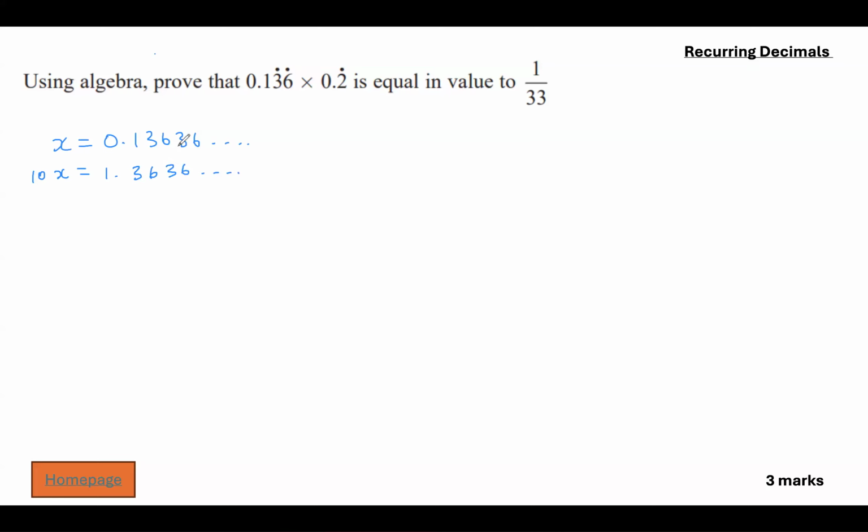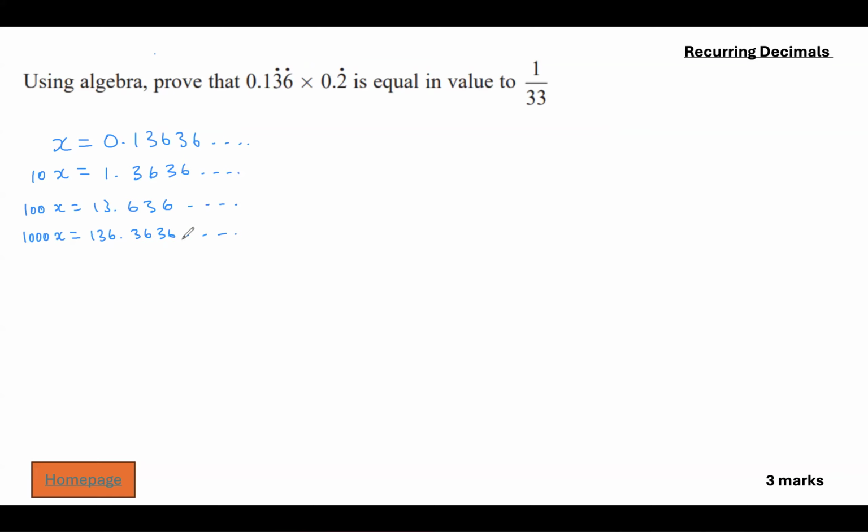Now, ideally, what we want to do is to have the same number of digits after the decimal point, but in this case, it's not the same digits. So we're going to multiply by 10 again. And still, this is no good. The digits are different. So we are going to multiply 100 by 10 now.